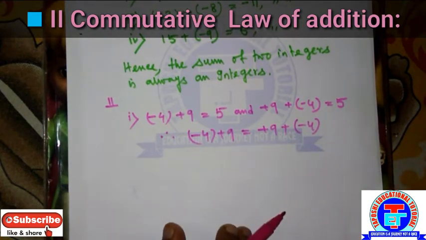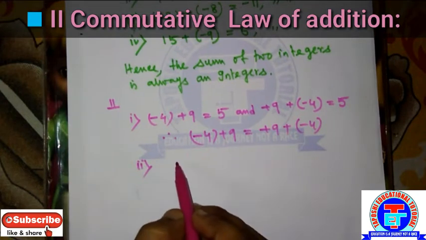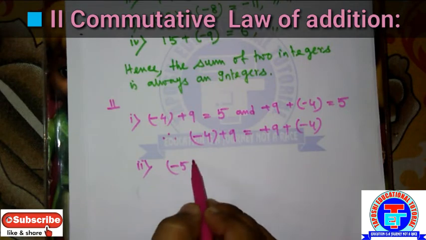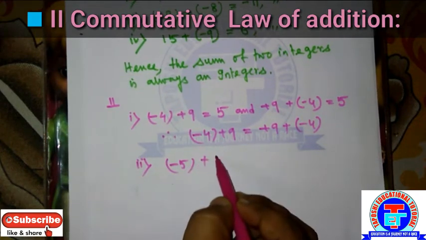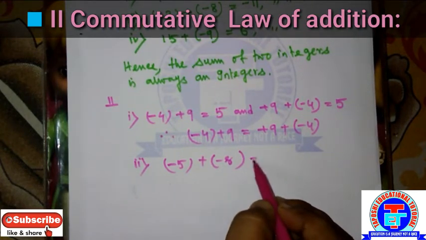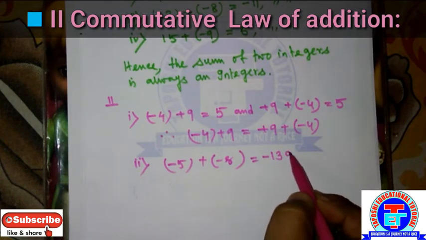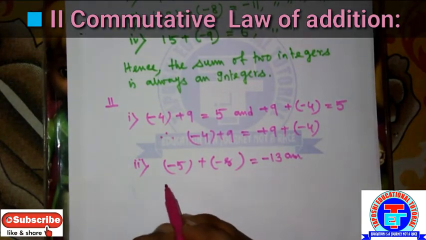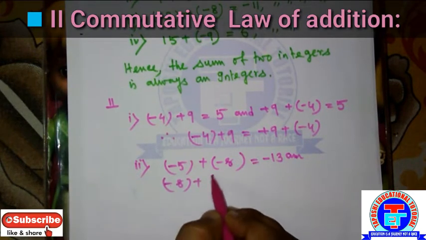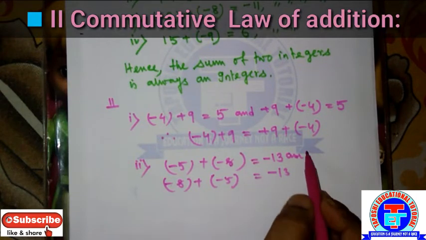Right? Example number 2, here we write minus 5 plus minus 8. That means it became minus 13. And minus 8 plus minus 5, it will become minus 13.